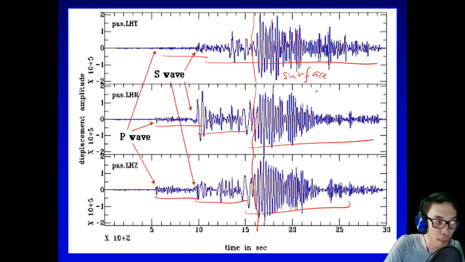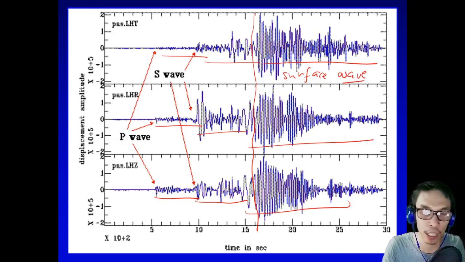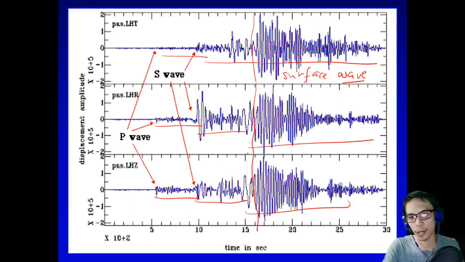The seismograph also picks up the surface waves generated by the earthquake. As you can see, the amplitude is very, very high.